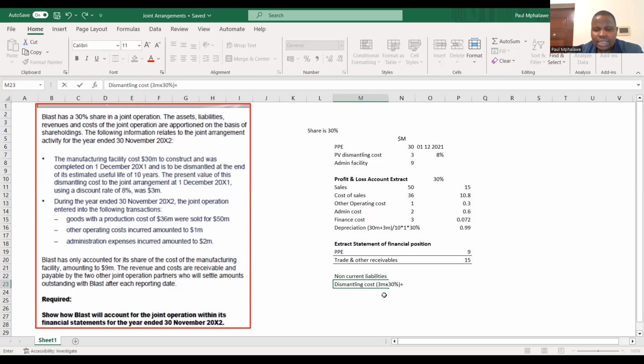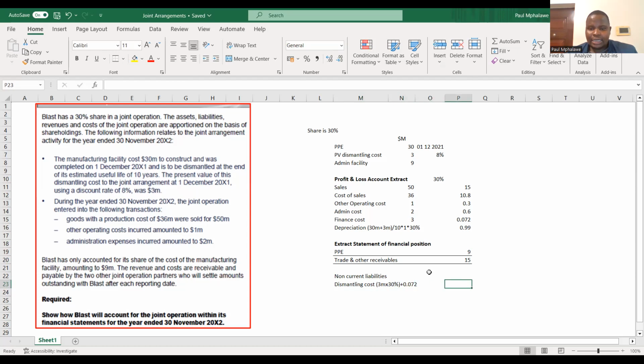From that result, we also need to add a finance element of 0.072, because it's going to happen in the future. Unwinding interest, in other words.